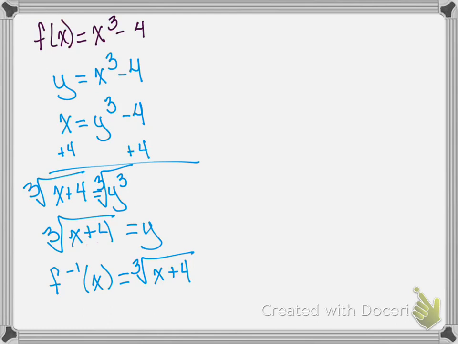The reason is, this is an odd index. If I've got a 5 here, if I've got a 7 here, it's okay for me to have negative numbers in here. We have to do the plus or minus when I'm taking an even index. The most common is the square root.